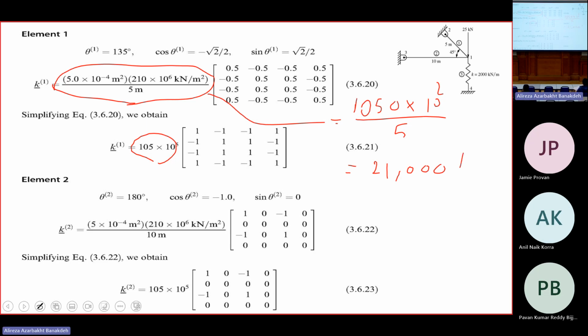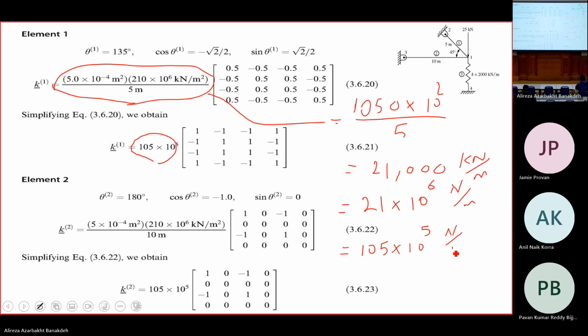This is 21,000 kilonewton divided by meter. All right. Which will be 21 times 10⁶ Newton per meter, which is 105 times 10⁵ Newton per meter times 2.